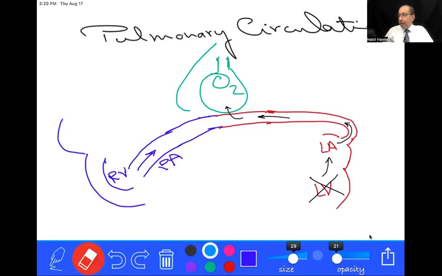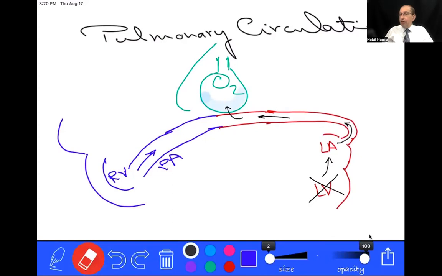And the pulmonary alveoli will be filled with water. And this is the reason why you get the pulmonary congestive symptoms of heart failure: dyspnea, orthopnea, paroxysmal nocturnal dyspnea, and wet exertional cough.